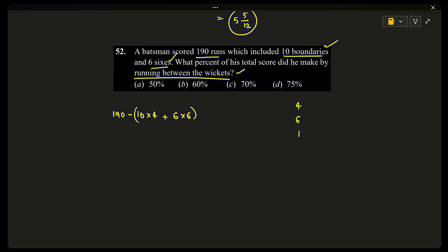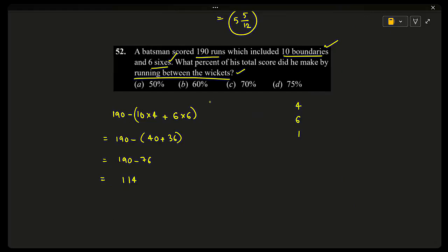So 190 minus, 10 fours are 40, 6 sixes are 36. So 40 plus 36 is 76. We have to subtract, and we'll be getting 114. So 114 by running between the wickets.